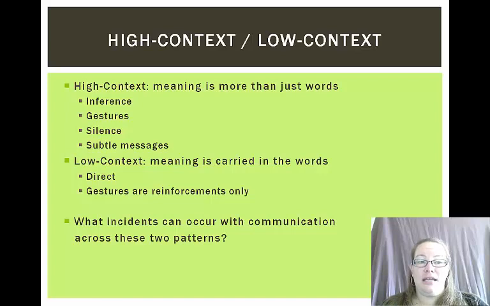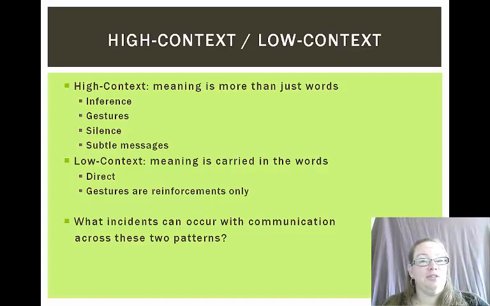So a low context culture, like the United States and English, is one where all of the meaning that you need is carried in the words. So it's not necessary for me to use gestures or outside things to help you understand what's going on. You could have your eyes closed and understand most of what was being said. So in a low context culture, everything you need to know is in the words.